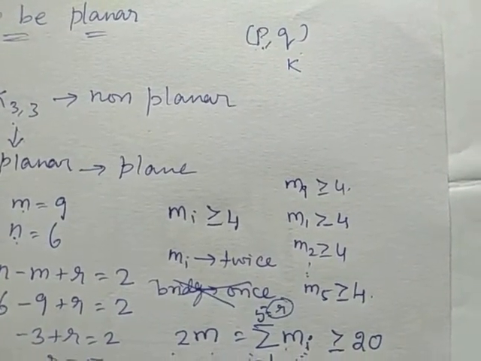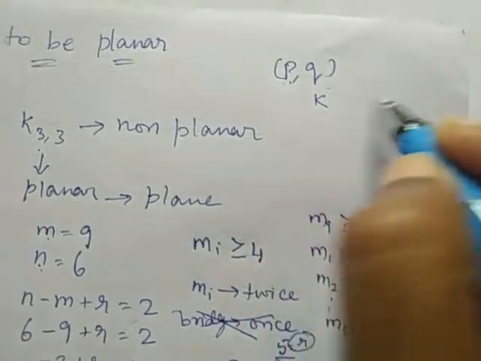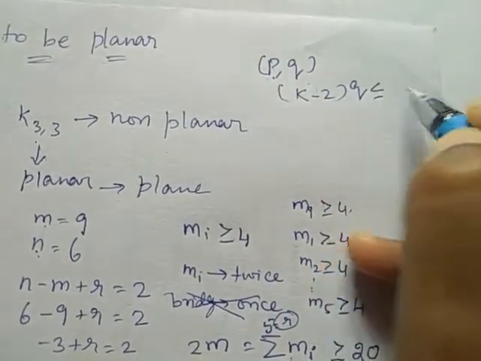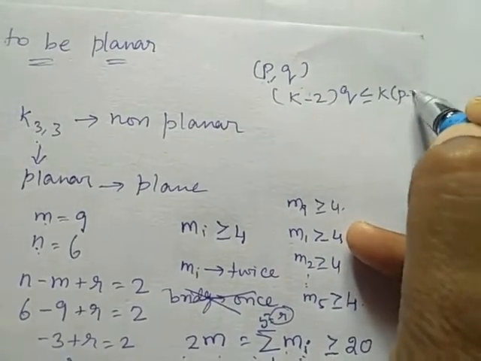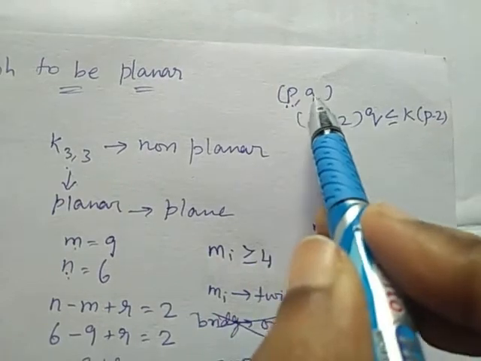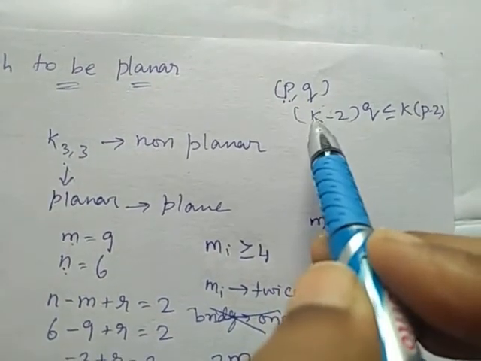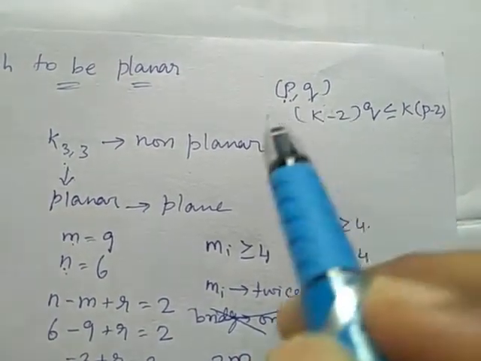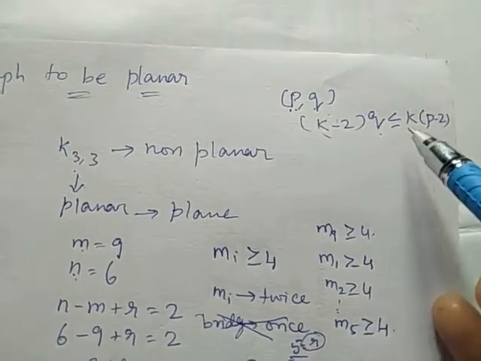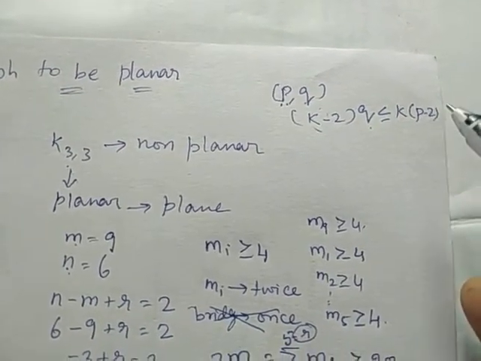Then we are going to prove (K minus 2) into Q is less than or equal to K into (P minus 2). We have P vertices, Q edges and K edges in each region.